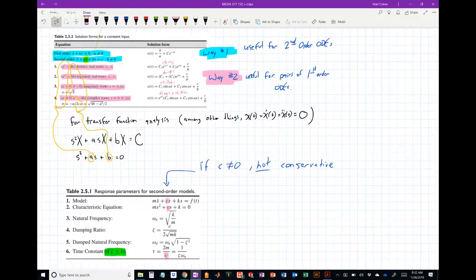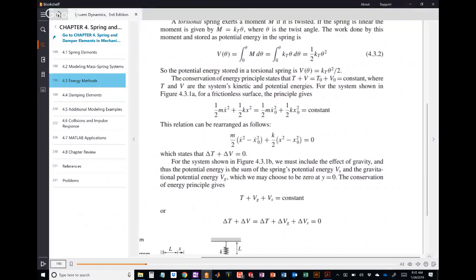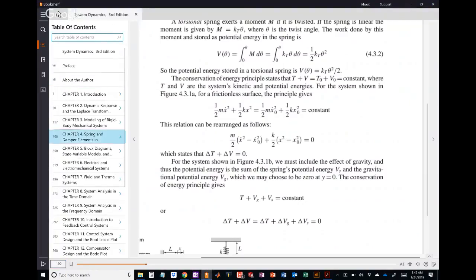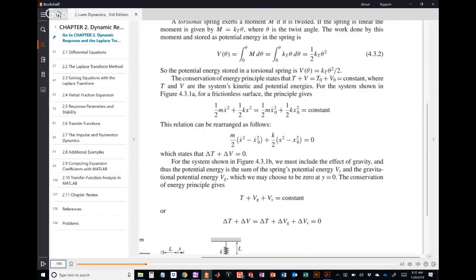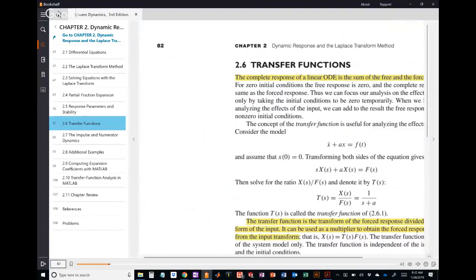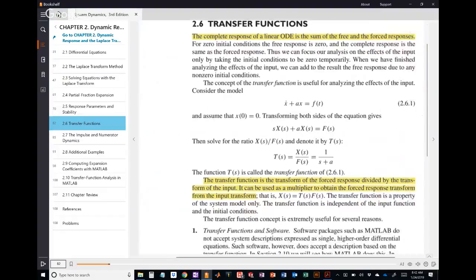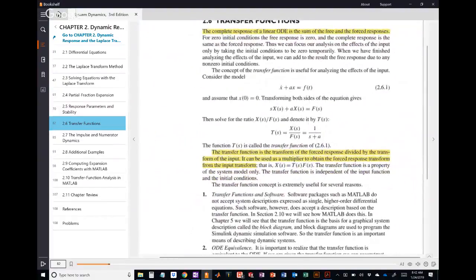There's some introductory material also in chapter 2 on the transfer functions, although we didn't go into great detail until just recently.